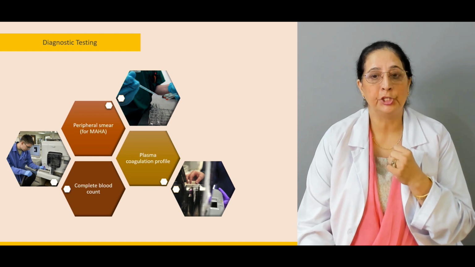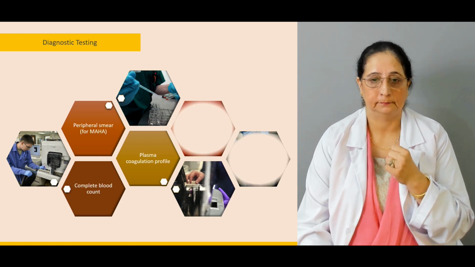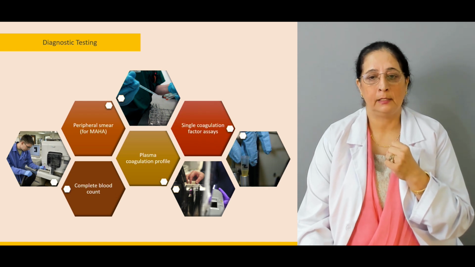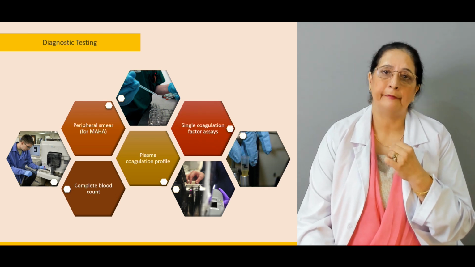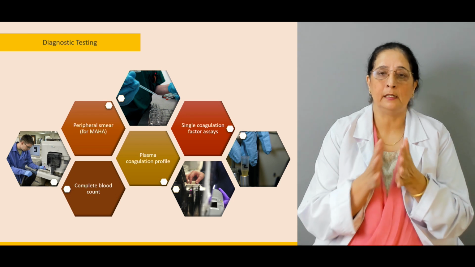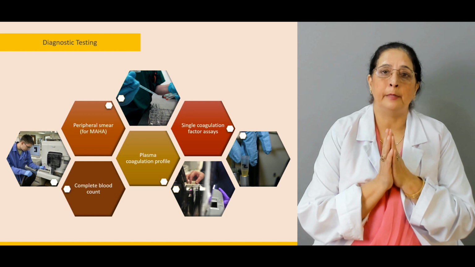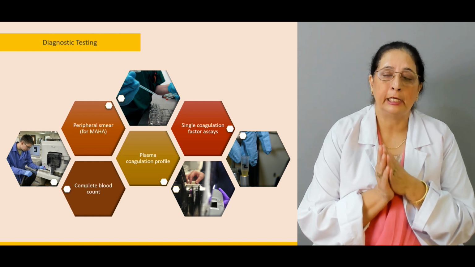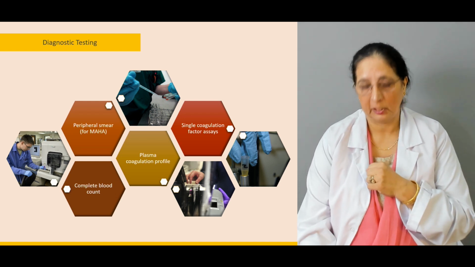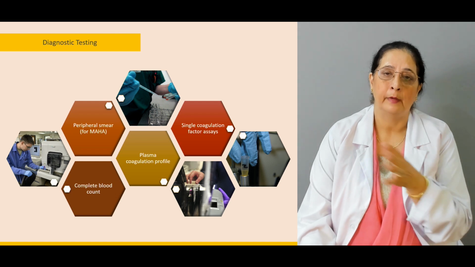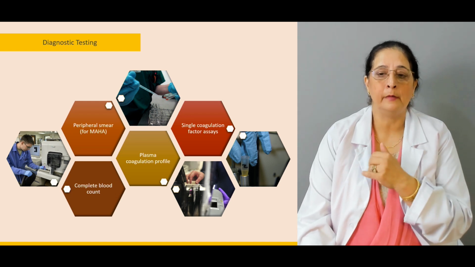Plasma coagulation profile and single coagulation factor assays. All these are different lab tests that need to be performed in patients with acute bleeding, especially with a history of off and on bleeding.